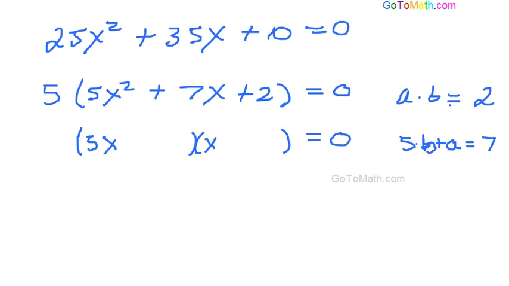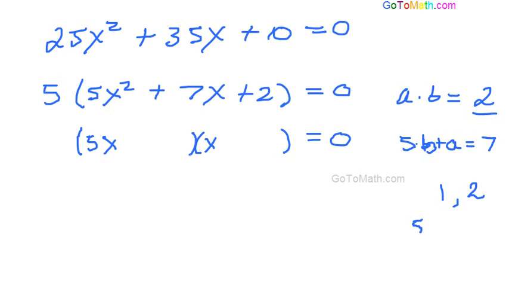We get 7. Alright, well this ought to be easy to figure out, because the only way you can get 2 is 1 times 2, obviously, right? And the good news is this is a positive and that's a positive, so that's good. So if I plugged a 1 in right here for b, that would be 5 times 1 is 5 plus 2 for a.